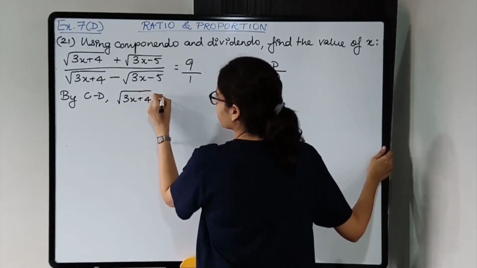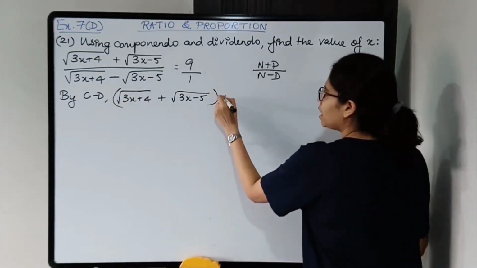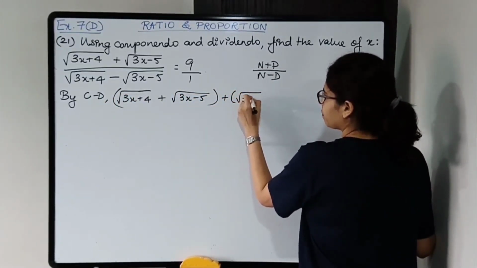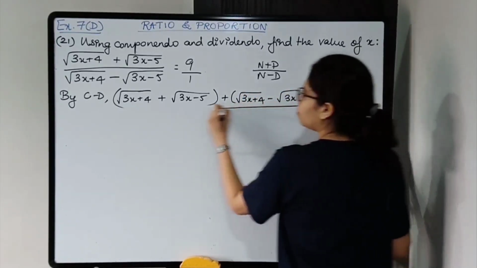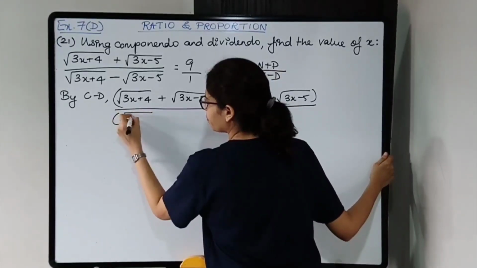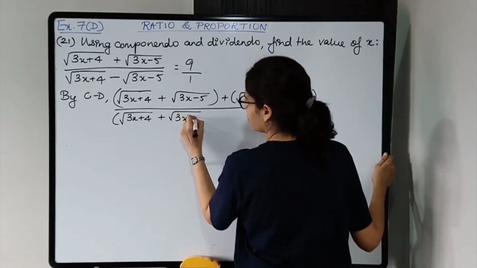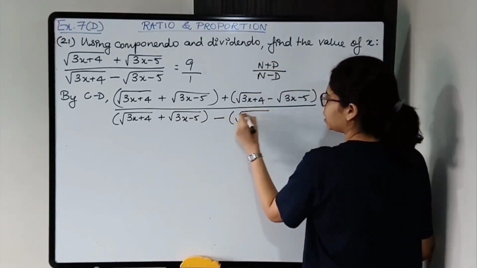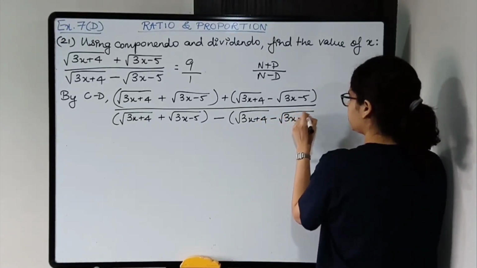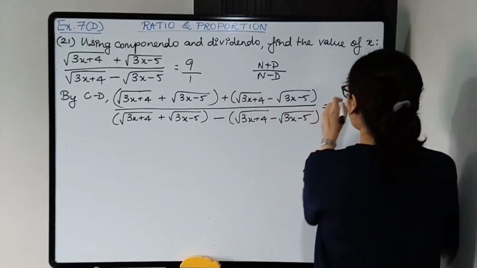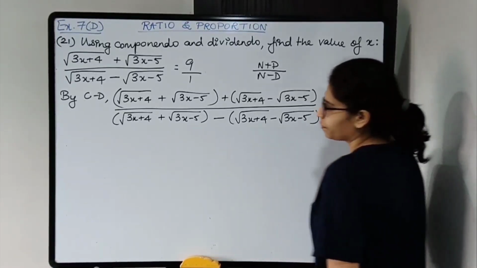Okay, this is the numerator plus denominator upon numerator minus denominator. Same thing over here, numerator plus denominator, numerator minus denominator.